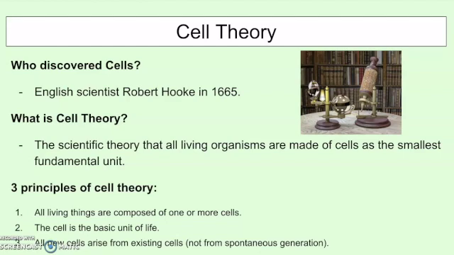So back in the day, in terms of spontaneous generation, it was believed that living organisms could arise from non-living matter. But through some experiments, one specifically looking at maggots and meat, scientists discovered that living things can't just generate from non-living matter.